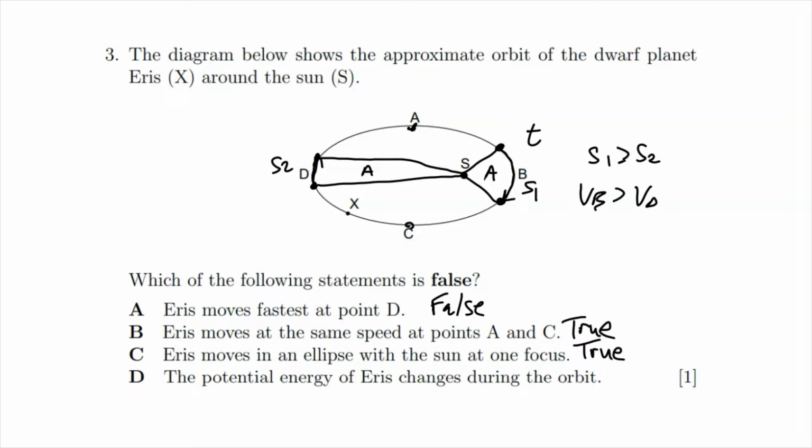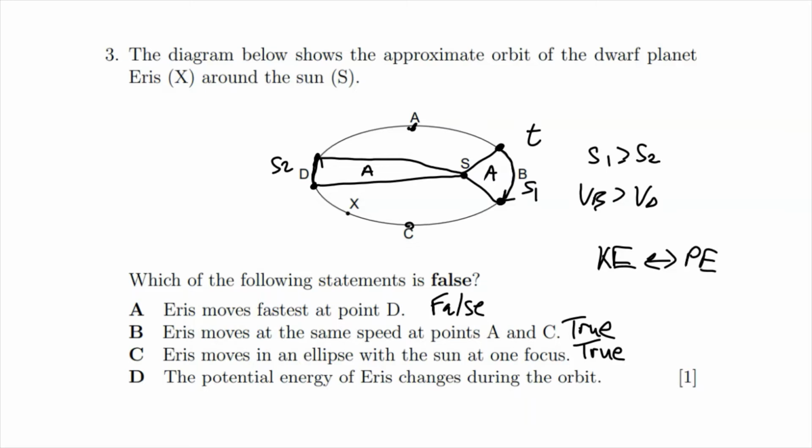Next, the potential energy of Eris changes during the orbit. Similar to a lot of systems in physics, what we have here is basically a constant energy conversion between kinetic energy, or movement energy, and potential energy.